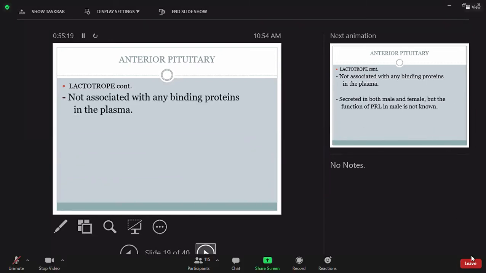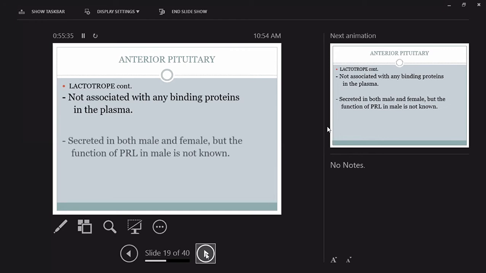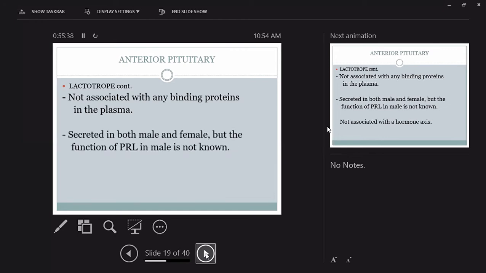Your prolactin is not associated with any binding proteins in the plasma. So they swim. They only need swimsuits and swimming trunks.